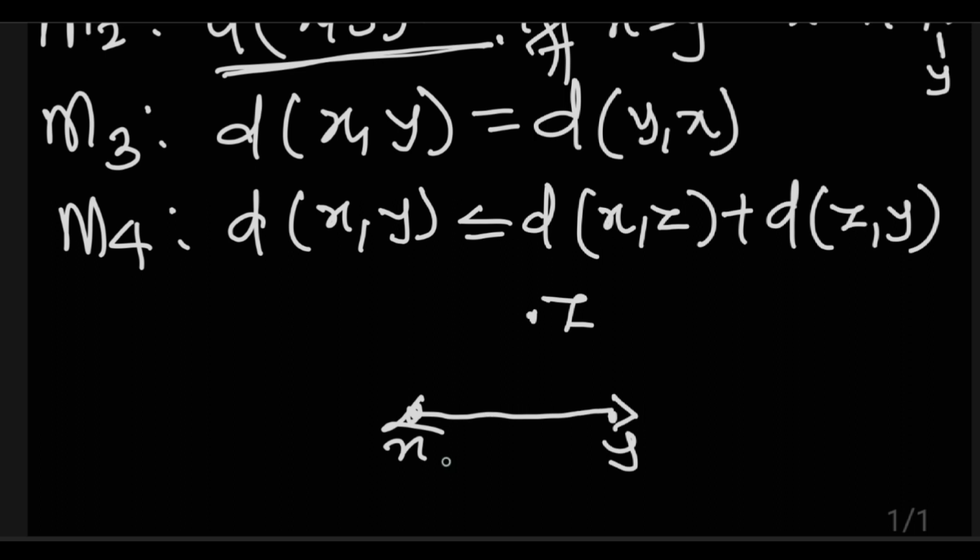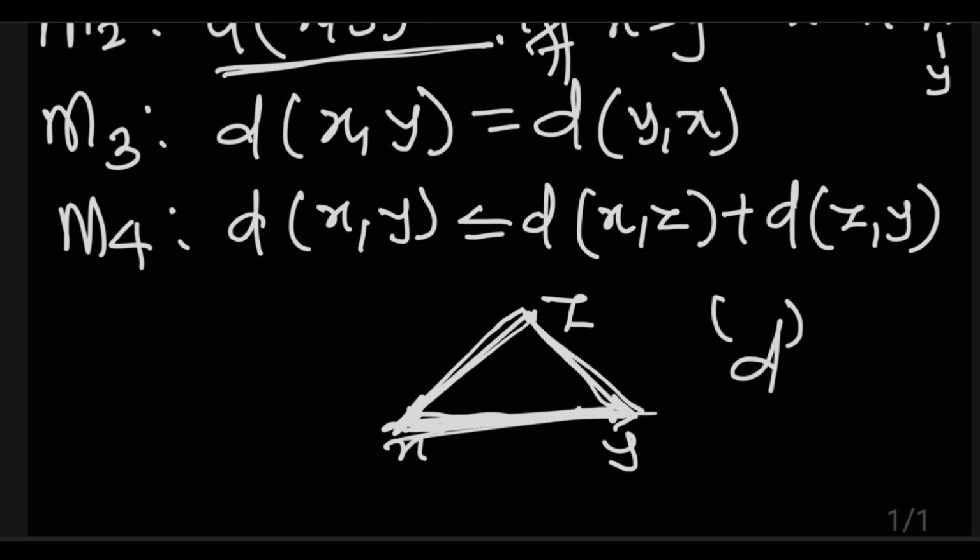When you want to move from x to y, it is less than, or it can be equal to, moving from x to z, then from z to y. So this distance is either equal, moving this way and this way, or it will be less than this way plus this way. That is the triangle inequality. So when a metric D satisfies these four conditions, then you can call it a metric.